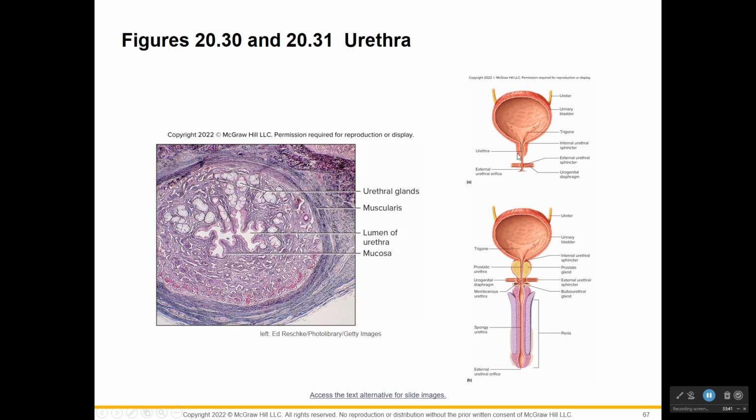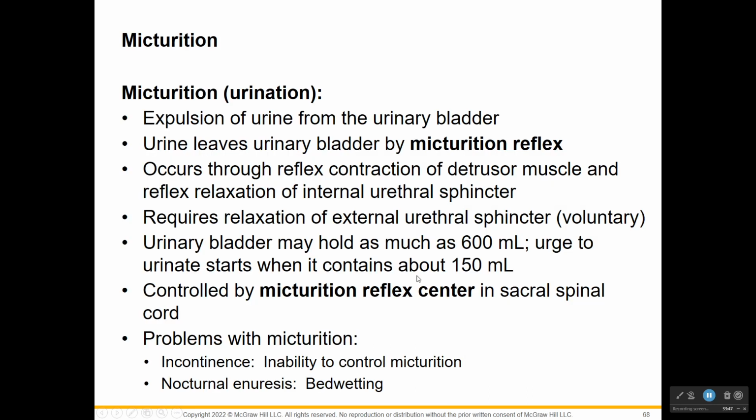And then there's the female. Micturition is the fancy term for urination. Get rid of urine from the urinary bladder, and it does leave by micturition reflex because of these muscles in the bladder, and then they relax.